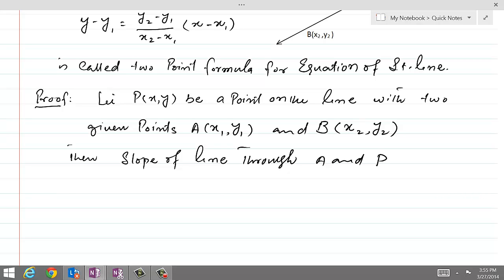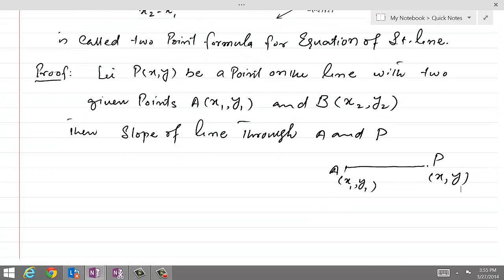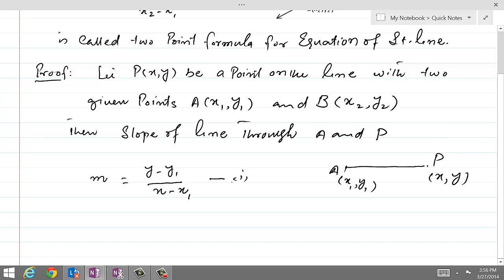A has coordinates (x1, y1), P has coordinates (x, y). So we can use the 2-point slope formula for finding the slope of this line, and that is going to be y minus y1 over x minus x1. Let's call this equation 1.